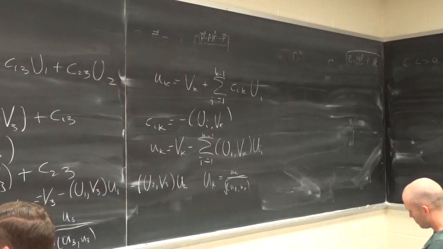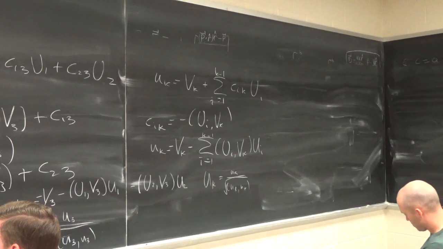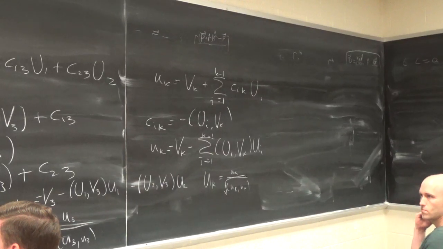Okay, so this Gram-Schmidt process is so orderly that one might imagine that if you take any basis and make it orthonormal, you get a unique set of vectors. But that's not true.